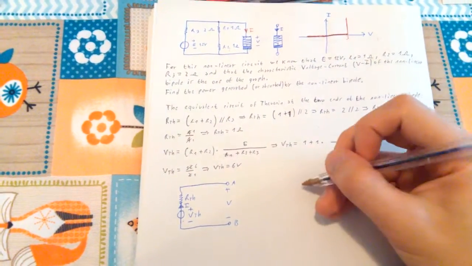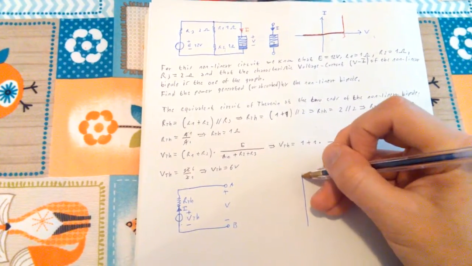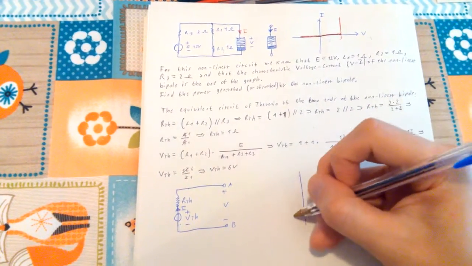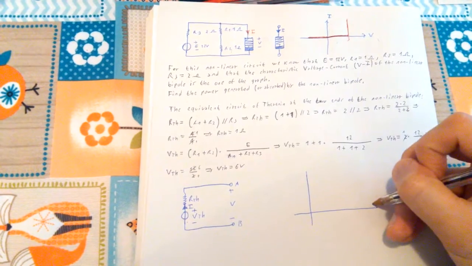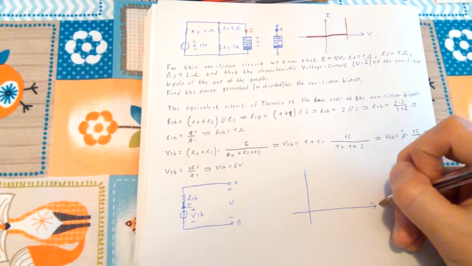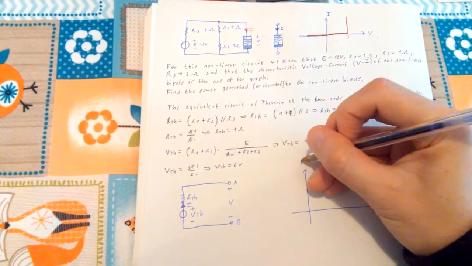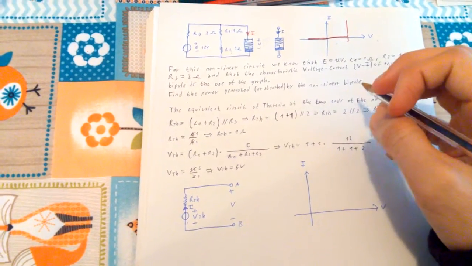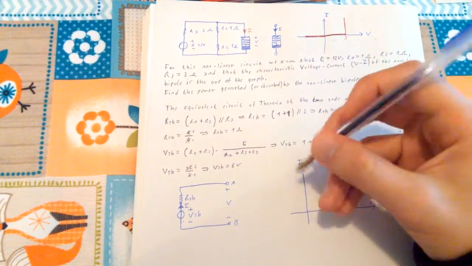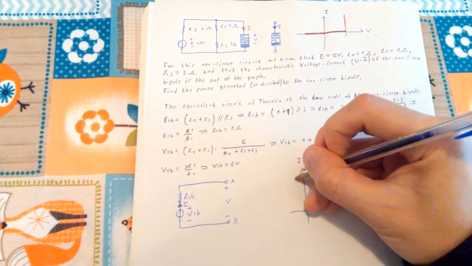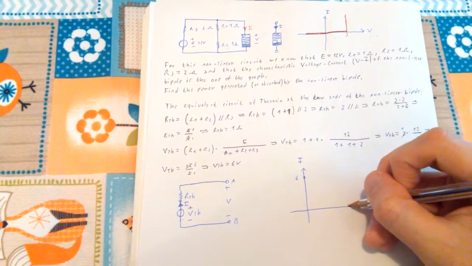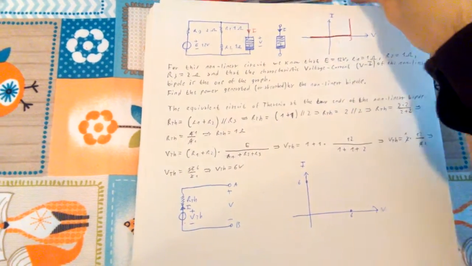Now I can plot and make a graph of the voltage-current characteristic for the Thevenin equivalent circuit. I can say, okay, this point up here is going to be 6, and this point down here is going to be 6.